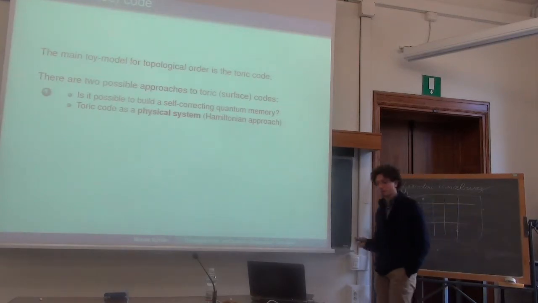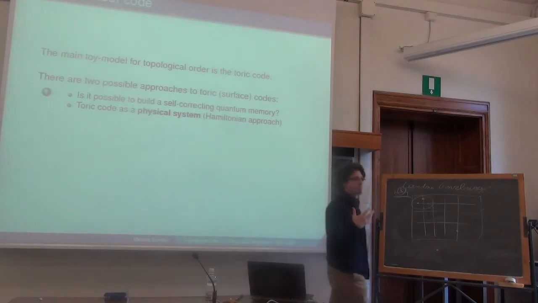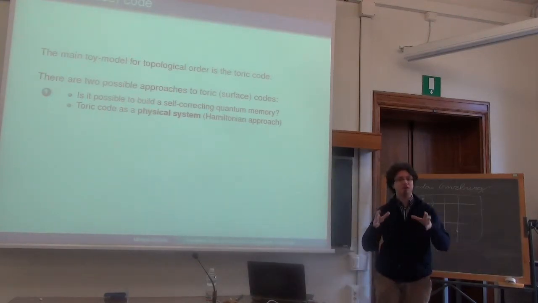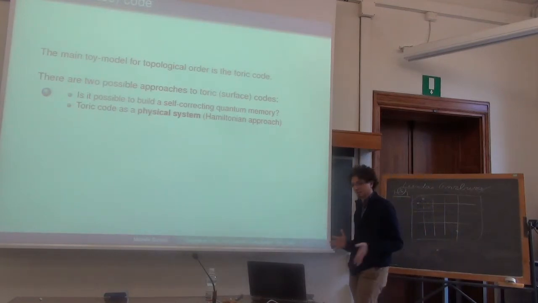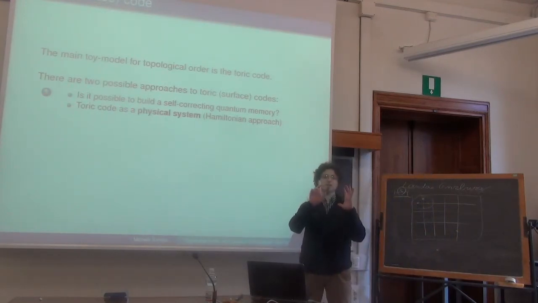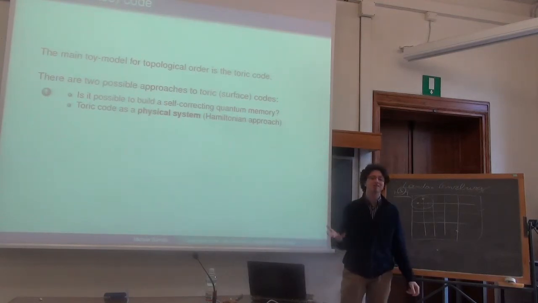Essentially, if you think about classical computation, you see that your bits are usually encoded in magnetic domains, and all these magnetic domains are in a ferromagnetic phase in such a way that if a single spin flips, you acquire some energy, and interactions with the neighboring spins try to flip it back to the original state. So the classical memories usually can be seen as self-correcting memories.